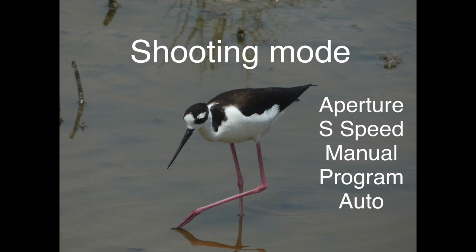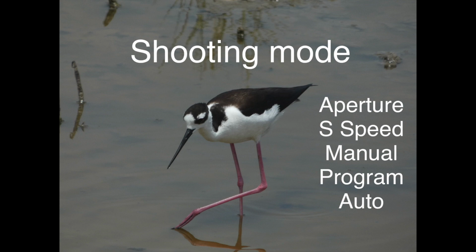More control can be had by the photographer by using other modes. The program mode is similar to the auto mode, but offers much more control through a wide range of menu selections.